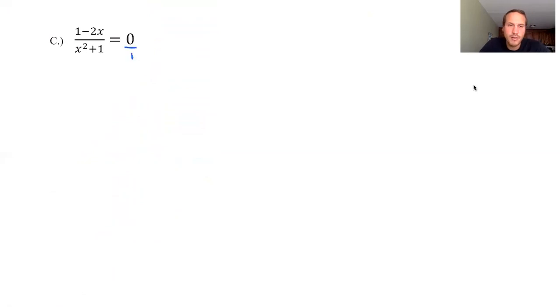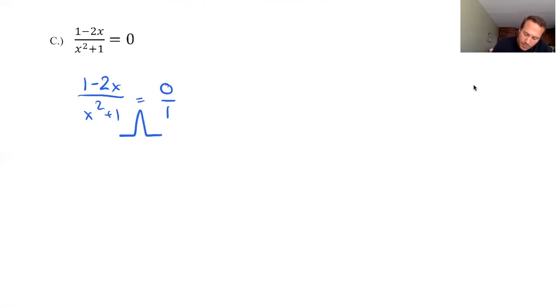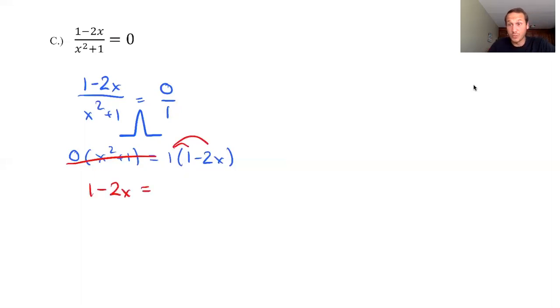If I go to 1 minus 2x over x squared plus 1 equals 0 over 1, when I cross multiply, I'm left with 0 times x squared plus 1 is equal to 1 times 1 minus 2x. Well, ladies and gentlemen, what's anything times 0? It's 0. So this goes away entirely. I'm now left with 1 minus 2x, which is just what your numerator was.